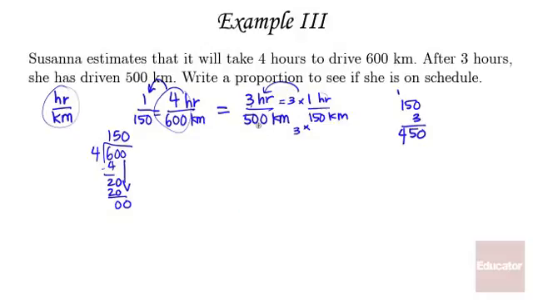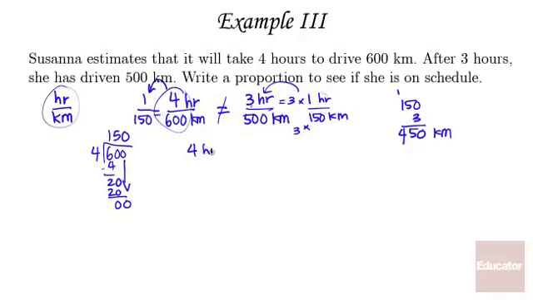That means she is not really on schedule. I mean, she is a little bit faster, right? But according to what she's estimated, it's not the same. So this one is, no, she is not on schedule. She is actually a little bit early because she drove more than what she thought she would be at. Okay? So this is not the same ratio.